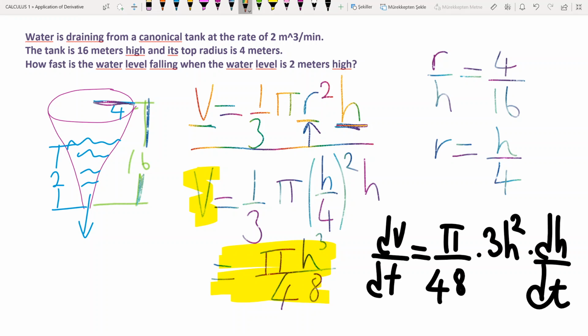And dV over dt is given in the problem as minus 2, since the water is draining from a conical tank at the rate of 2 meters cubed per minute. It means the volume of the conical tank is decreasing at the rate of 2 meters cubed per minute. It means dV over dt is equal to minus 2.